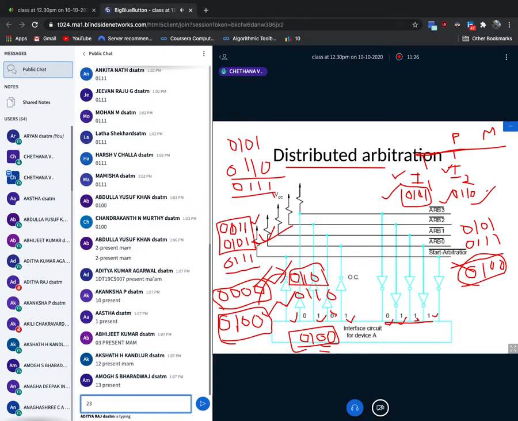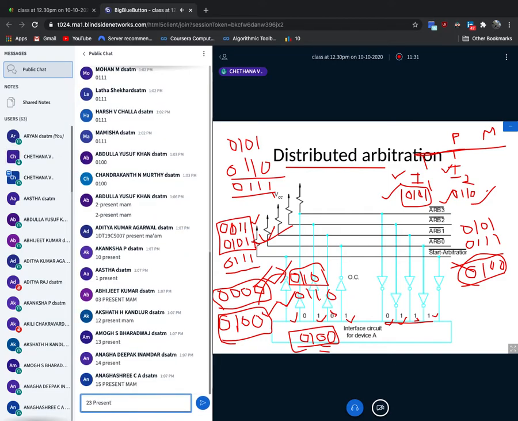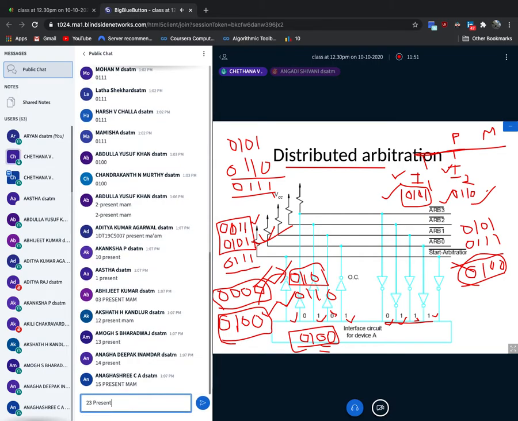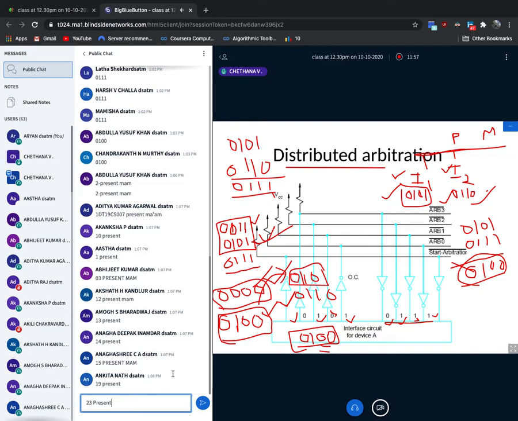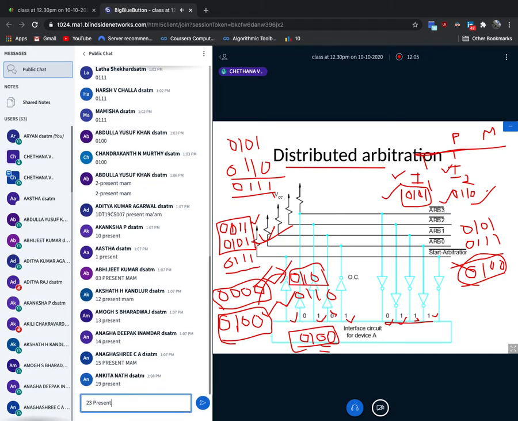Okay, Amog. Anaga. Okay, Anaga Shri. Okay, Ananya. Okay, Shivani. Ananya, Shivani. Okay, who is this? Present, ma'am, 17. Okay, Shivani. Shivani. Next, Ankit Kumar Singh. Okay, Ankit Kumar Singh. Ankita Niranjan. Okay, Anusha. Apurva.